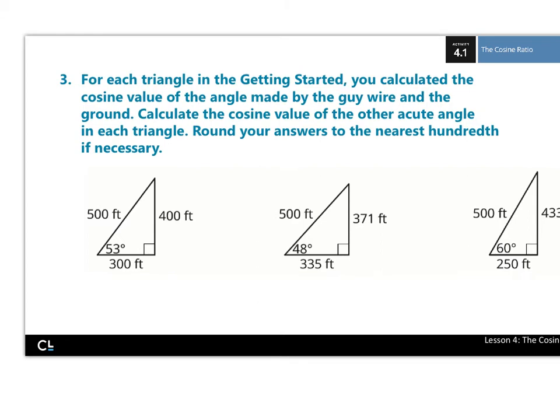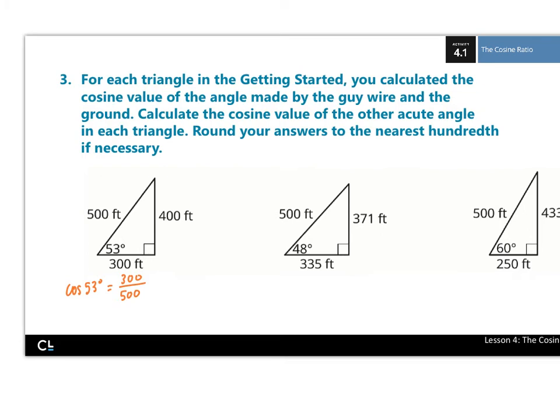Let me get to that page on my notes here. All right, so we have cosine of 53 degrees. So the adjacent over the hypotenuse there, the adjacent here is 300, and the hypotenuse is 500 because that's always the long side.